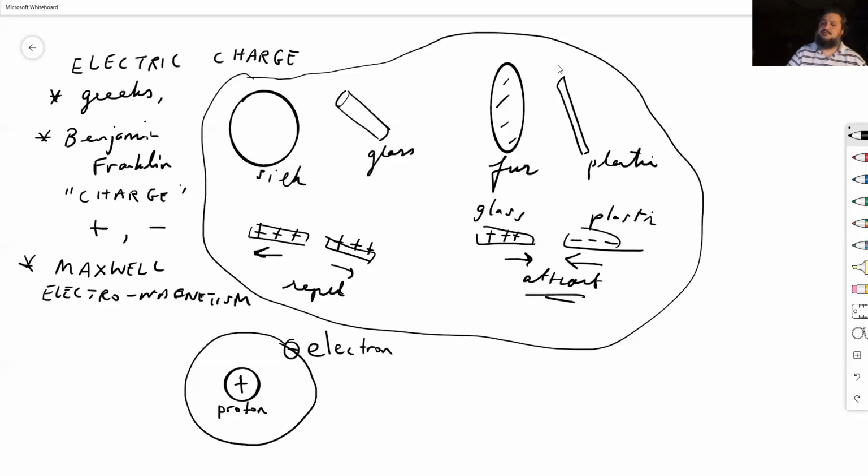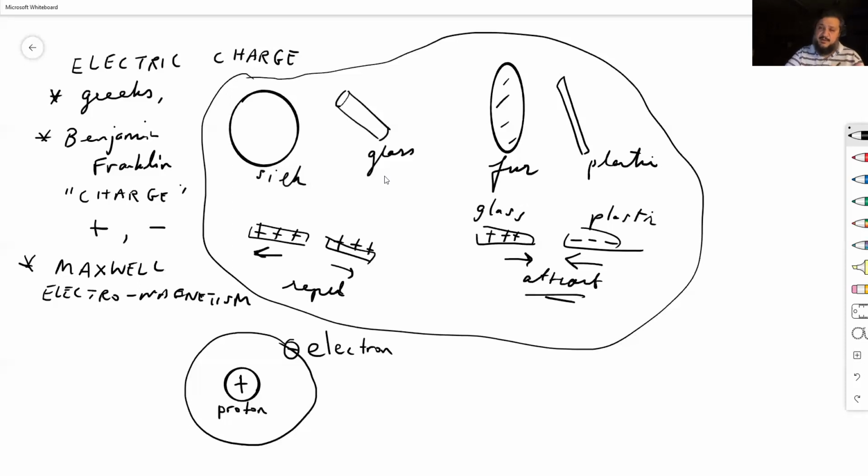So in order to charge an object with a positive charge, in the case of glass, for instance, you have to take away electrons from it. Remember, initially there were equal numbers of electrons and protons, equal numbers of negative and positive charges.